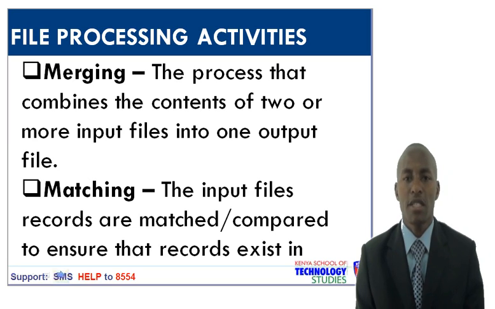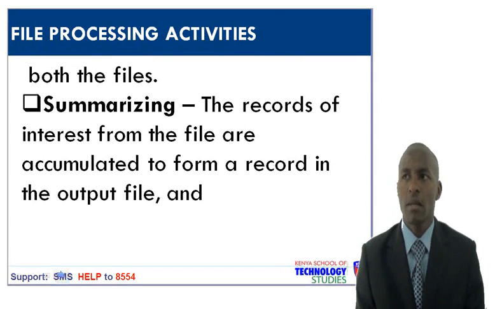The other one is matching. The input files' records are matched or compared to ensure that records exist in both files. The other one is summarizing. The records of interest from the file are accumulated to form a record in the output file.